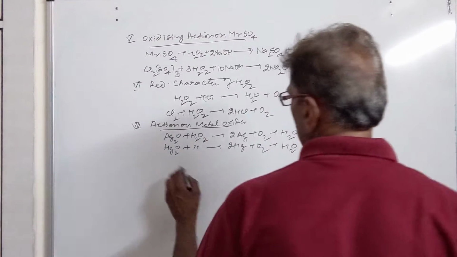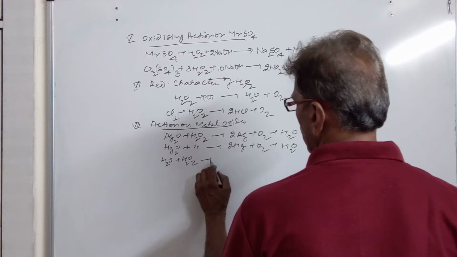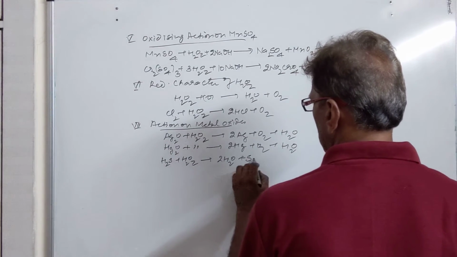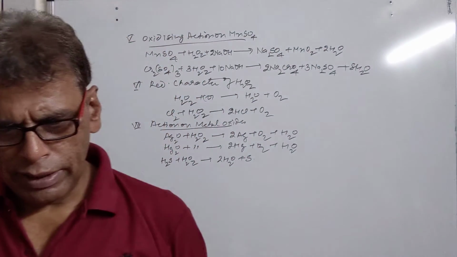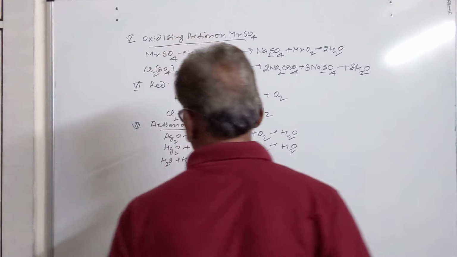H2S reacts with H2O2 to give you 2H2O plus sulfur. Then we have action of KI in the presence of concentrated H2SO4.